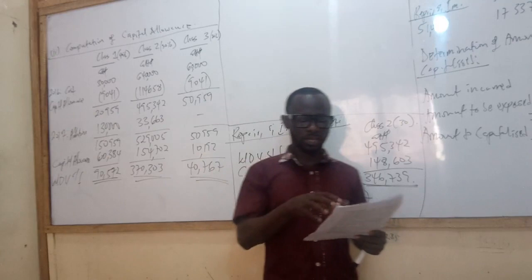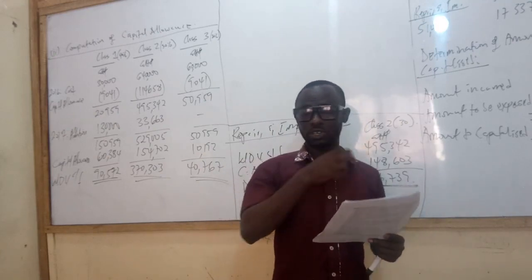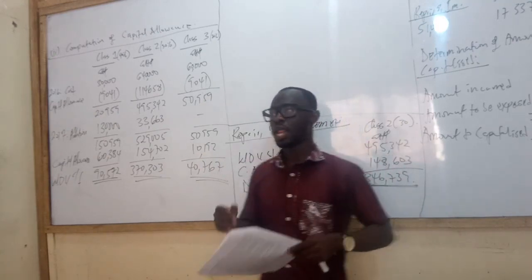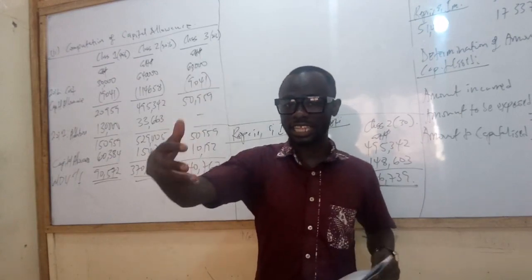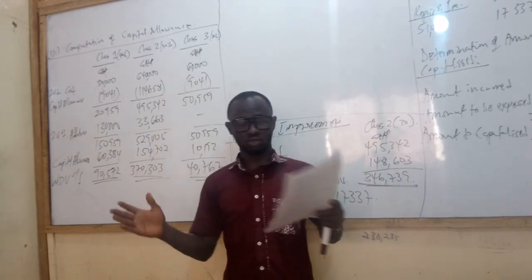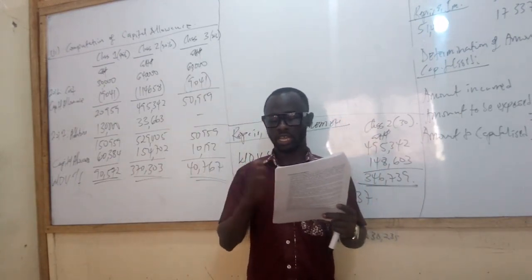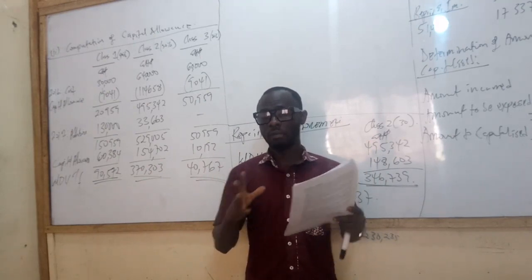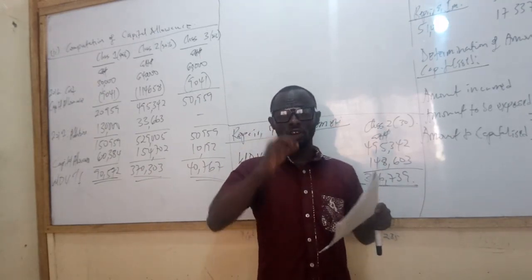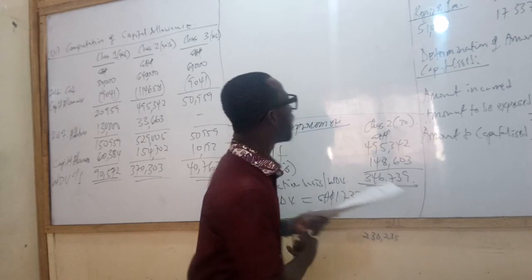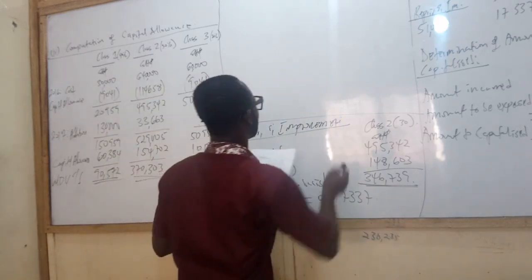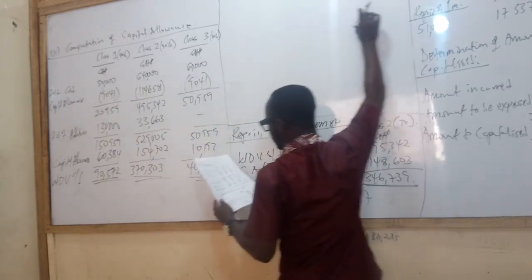Because of the office building, we are told that during the year, 10% of that was leased out. We need to separate the two, even though we have to work in the same way for them. Are you getting it? Because when you combine them, it's going to affect the way you calculate the capital allowance. So these are all class 4 assets, but we'll deal with them separately.